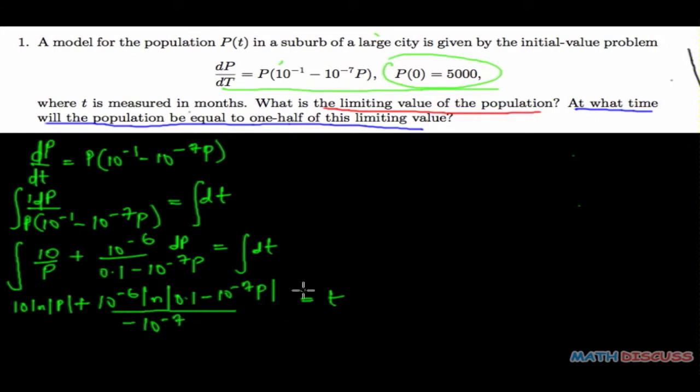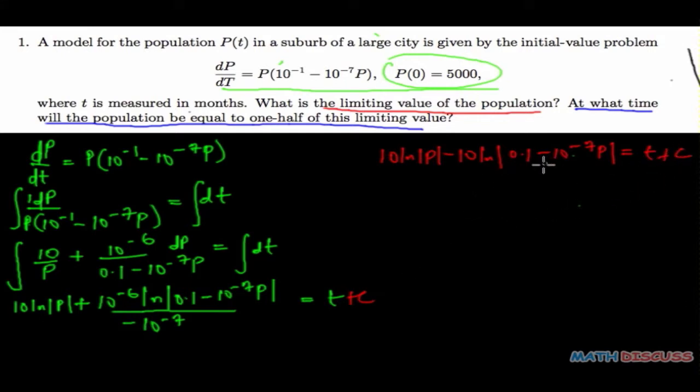Simplifying further, that's 10 ln P minus 10 ln of (0.1 minus 10 to the power negative 7 P) equals t, plus an arbitrary constant c.